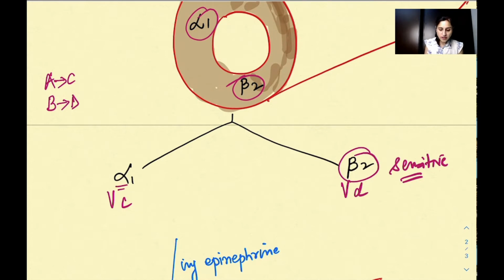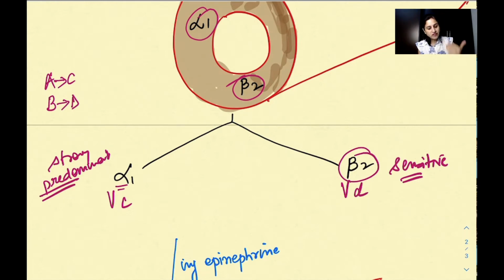While alpha 1 receptors are strong receptors and their action is predominant. और predominant का मतलब है कि when you give a large dose, only then they will be actually affected. And large dose जब देंगे तो alpha 1 भी effect होगा, beta 2 भी effect होगा. But predominant action किसका आएगा? Alpha 1 का, because they are stronger and more predominant.